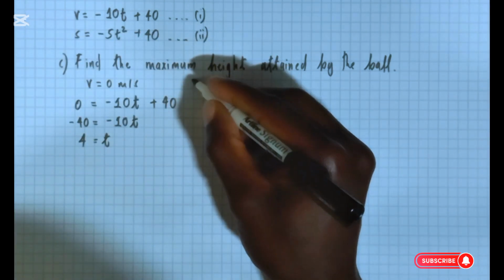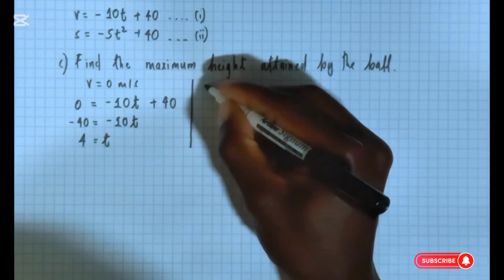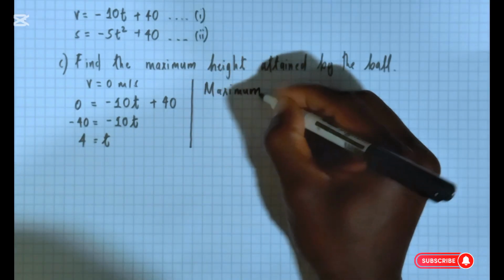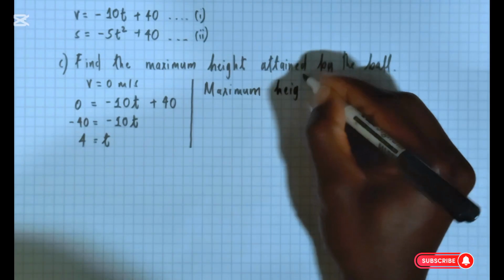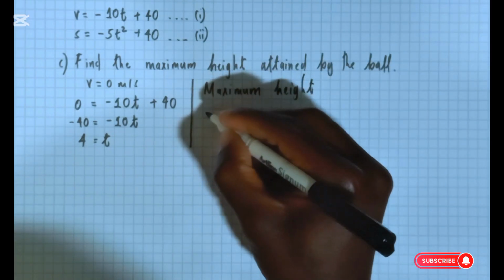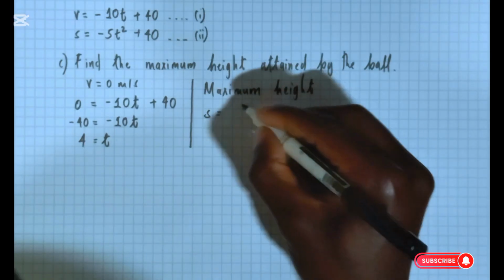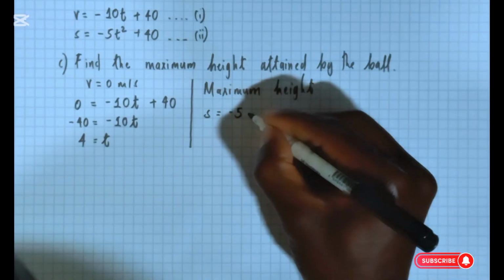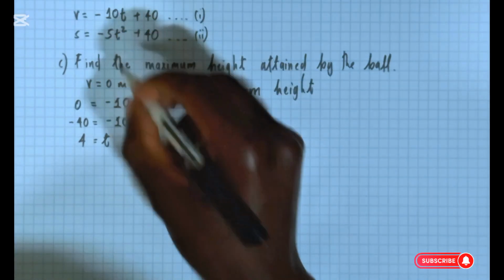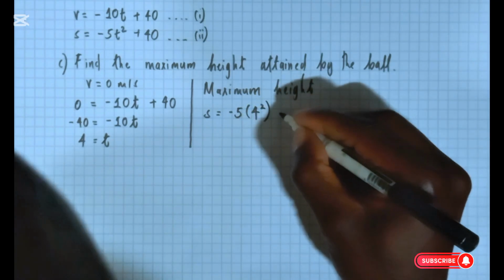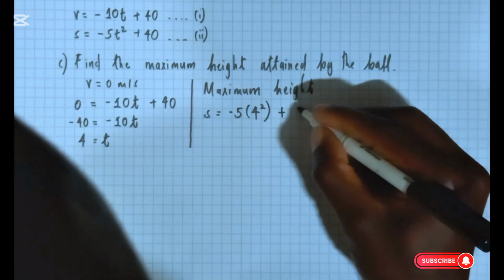So to find the maximum height, we have s equal to -5, and in place of t we put 4, 4 squared, plus 40.